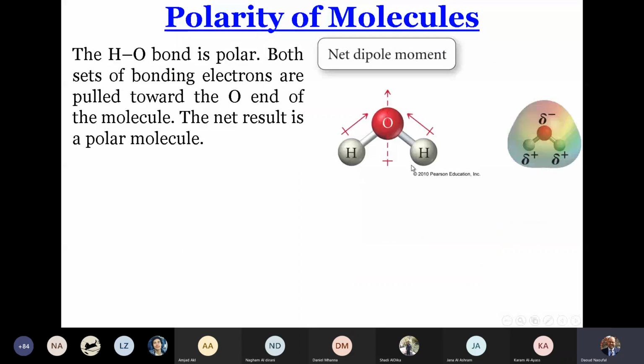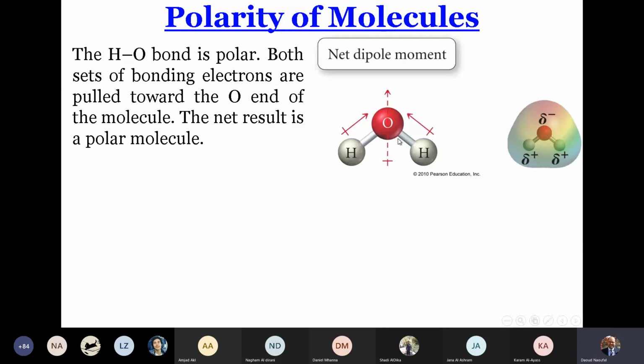We pass to H2O. Pay attention that we need to draw the geometry since we draw the vectors. If we write the Lewis structure, that does not mean that we can write the polarity. From the Lewis structure, we find the geometry. From the geometry, we find the polarity. So for H2O, the geometry is bent.